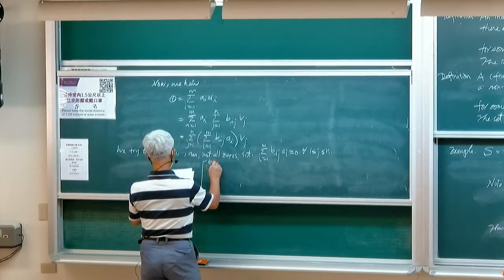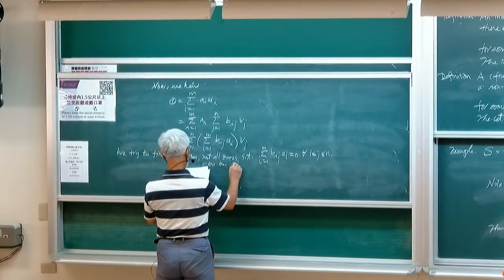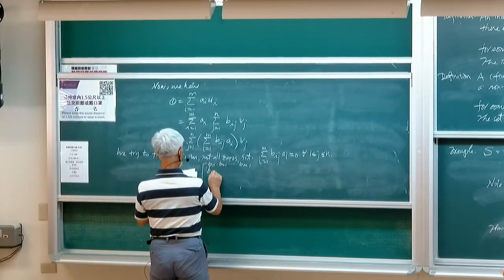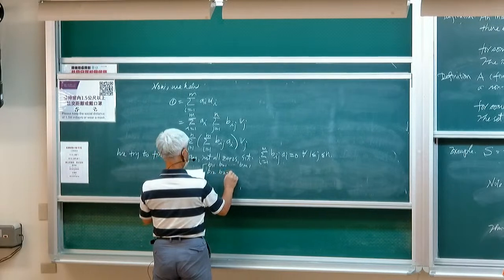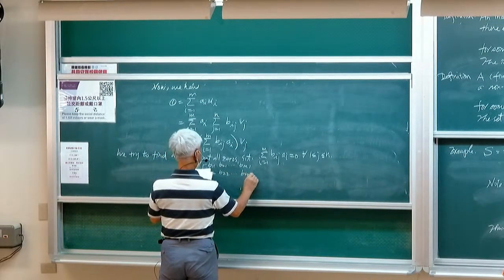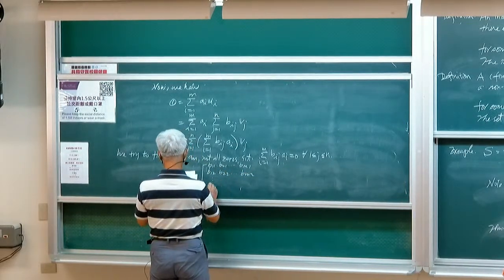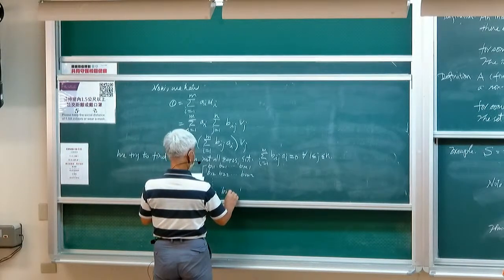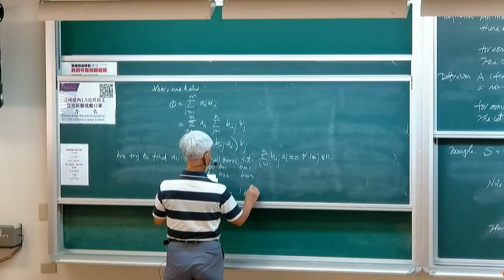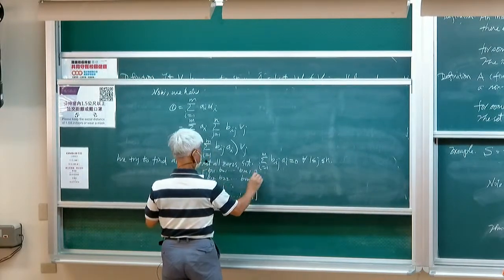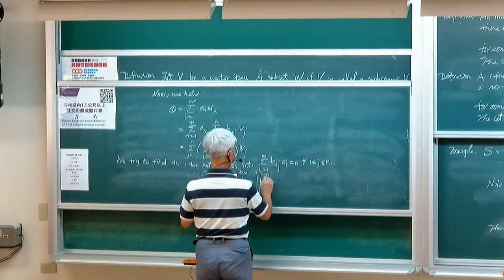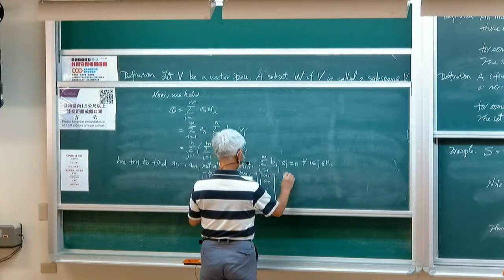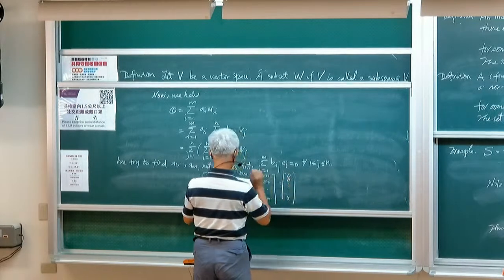It's b11, b21 up to bm1, b12, b22 up to bm2, and b1n, b2n up to bmn, times a1, a2 up to am equal to 0, 0 up to 0.